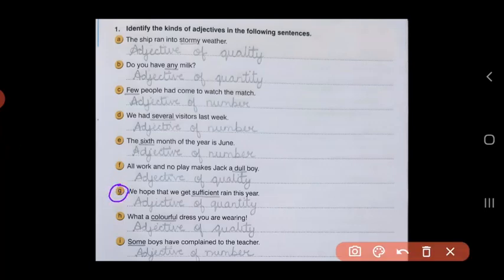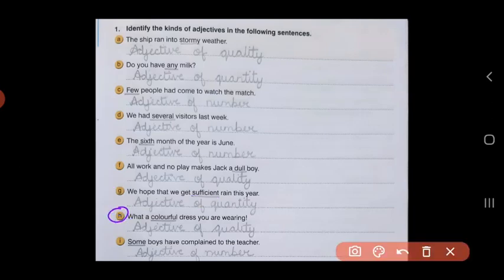G. We hope that we get sufficient rain this year. The adjective will be sufficient. How much rain? Sufficient rain. Rain cannot be counted. So sufficient becomes adjective of quantity.